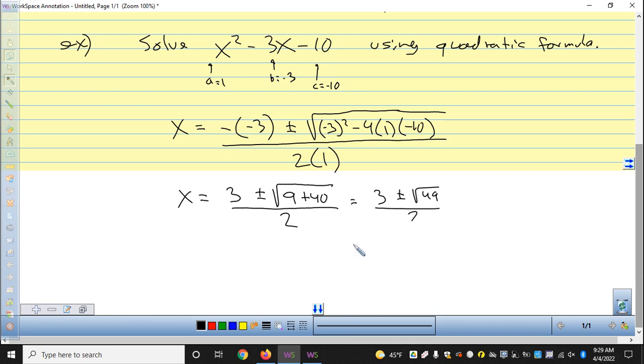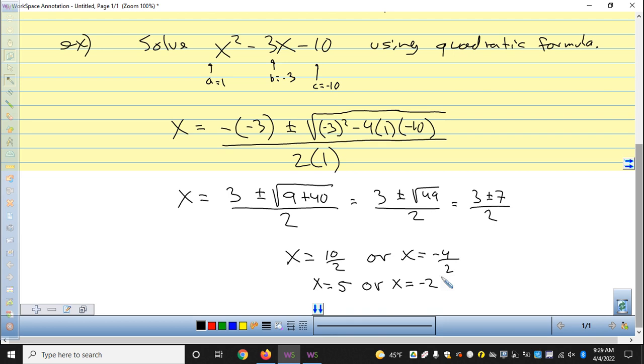The square root of 49 is 7. If you're not sure, you can plug that in your calculator. So we get 3 plus or minus 7 over 2. So x equals 3 plus 7 is 10 divided by 2, or x equals 3 minus 7 is negative 4 divided by 2. So x equals 5, or x equals negative 2.